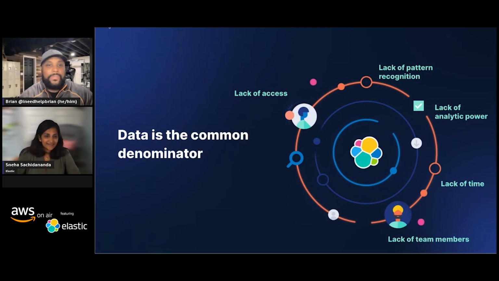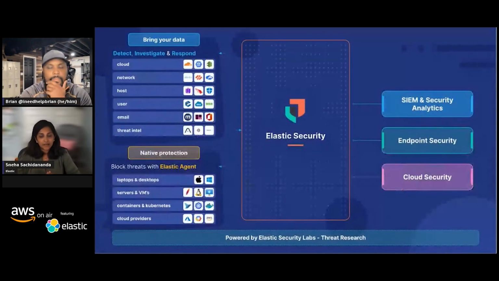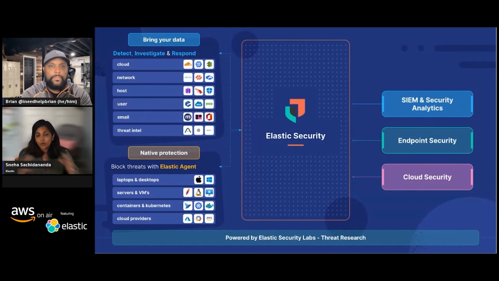So, diving a little bit into this, as I was telling you, today's talk, I'm going to talk a little bit more about Elastic Security itself. Going back to this whole idea of data, for anybody using the Elastic platform, the number one thing is that it is a platform that allows you to send data of various different formats and sources.